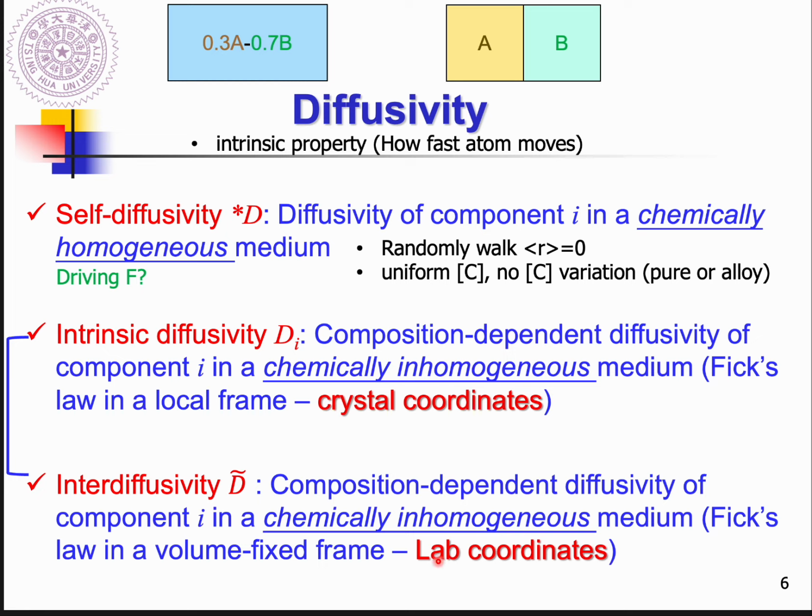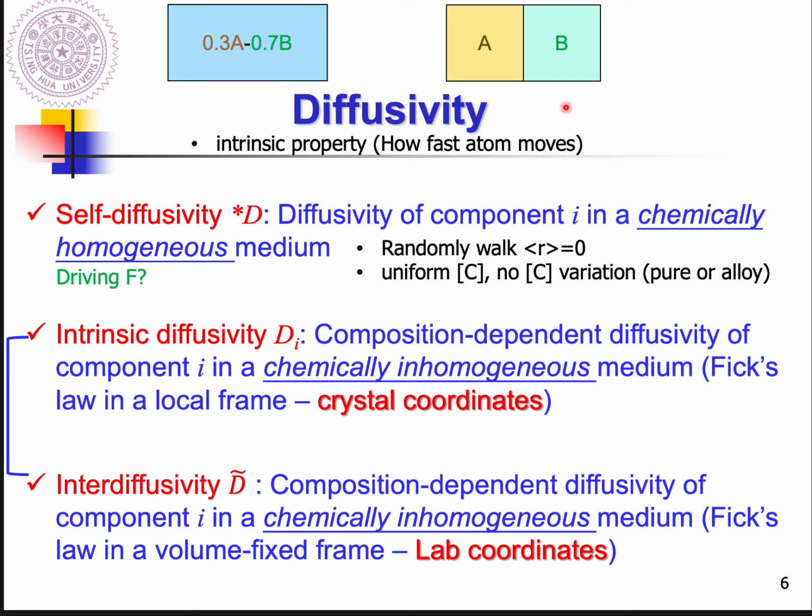But if you stand outside the materials, for example, you stand in your lab and watch the material on the desk, in this case we call it the lab coordinate, the reference or observation coordinate. Okay, so I will explain why these two diffusivities vary with the reference or observation coordinate.